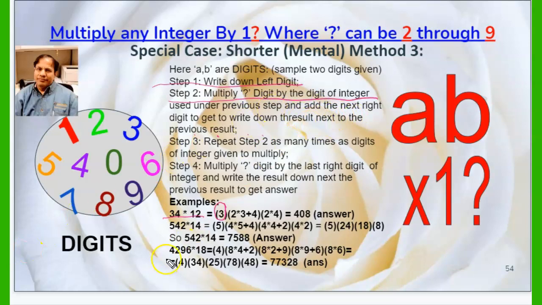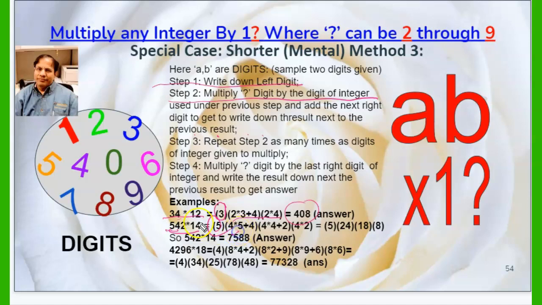And then we take 2 digits at a time. So we take 34 and we multiply 3 times 2 plus 4. And then the right digit we multiply with 2, and so you get the answer 408. If it is a 3-digit number, then we have the left digit as 5, the next 2 digits 5, 4.